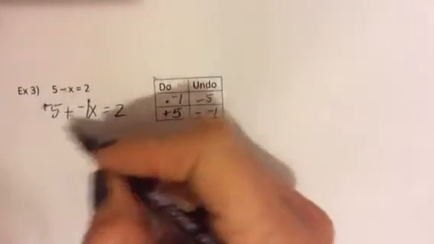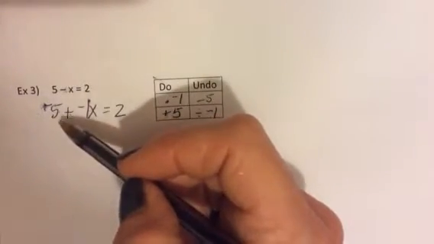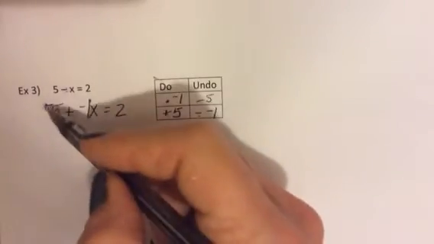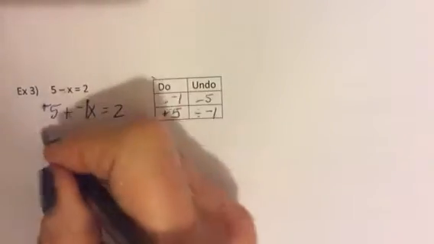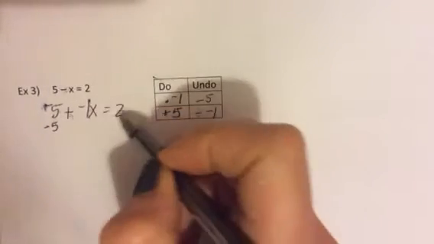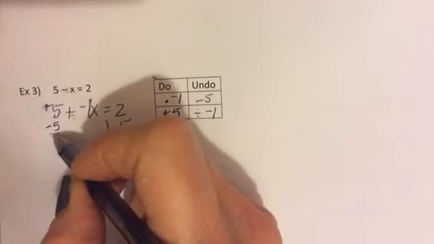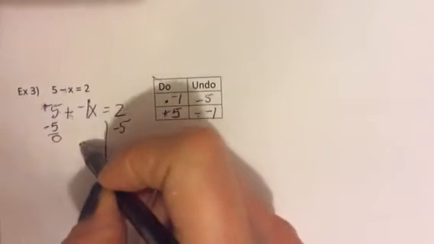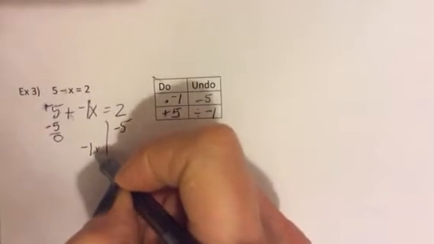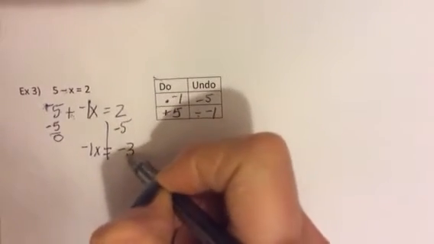All right, so over here, and you know, if you're going by the additive inverses to get 0, you don't really need to worry about the do undo, but I'm going to go ahead and do that just in case you like it better. So we're going to subtract 5 from both sides, and 5 and -5 is 0, and 0 plus -1x is -1x equals, and 2 and -5 would be -3.